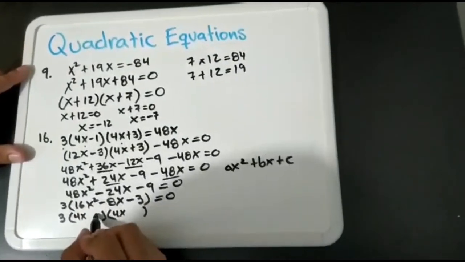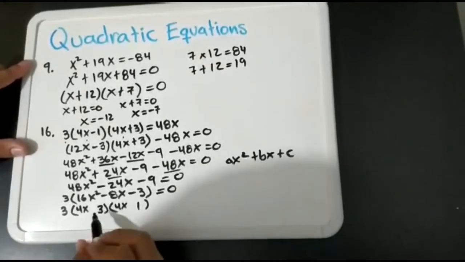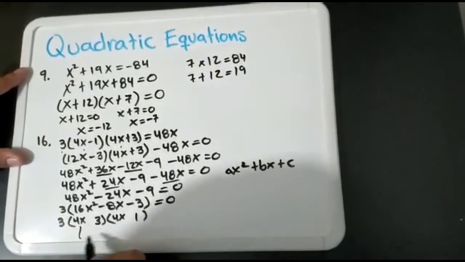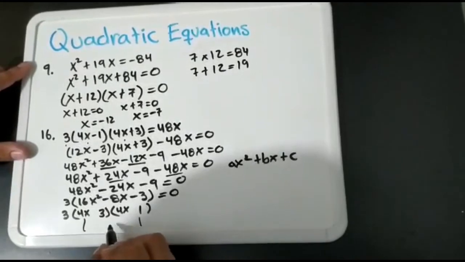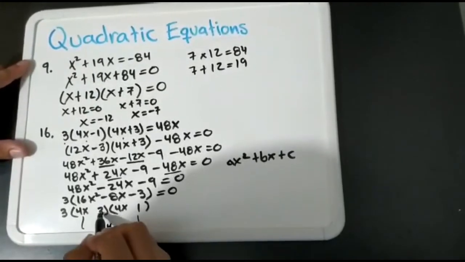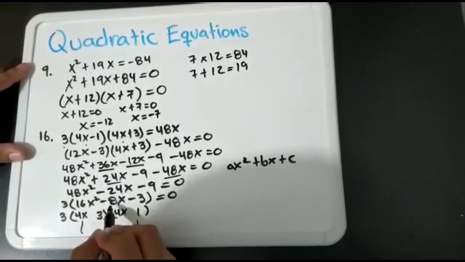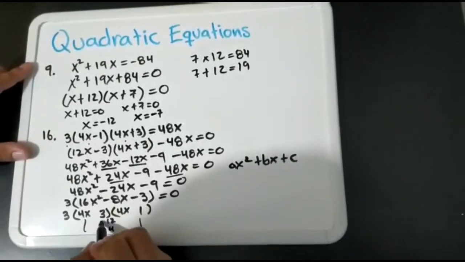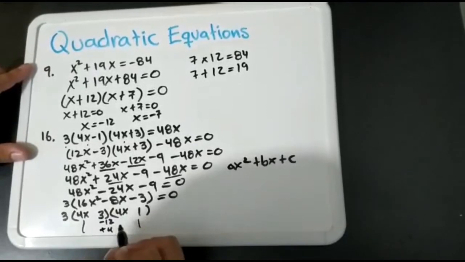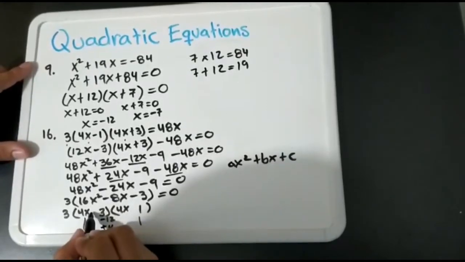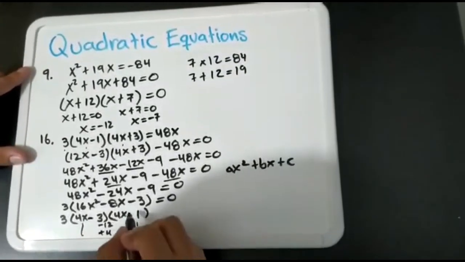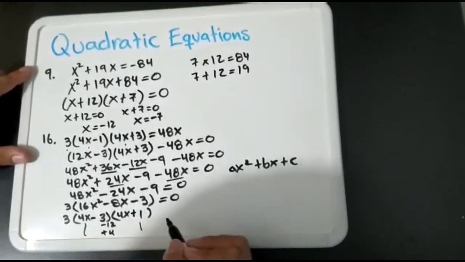The factors of 3 are just 3 and 1, and in this case we're going to have that 4 times 1 is going to be 4, and 3 times 4 is going to be 12, and 12 and 4 have to give 8. In what way? 12 is going to be negative and 4 is going to be positive. For 12 negative, we will have this negative, and for 4 positive, this is going to be positive.